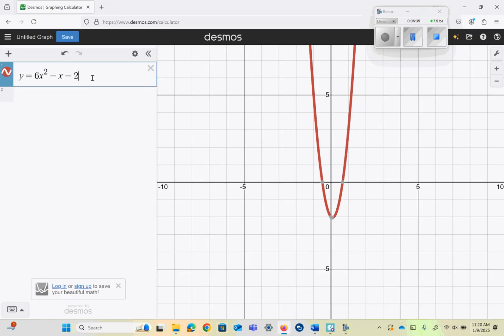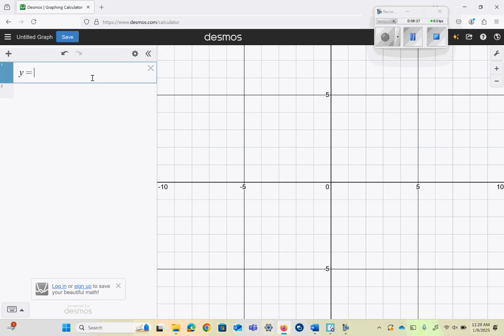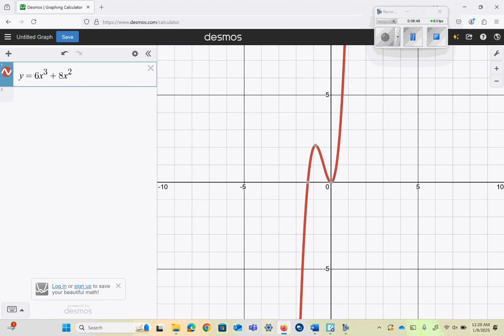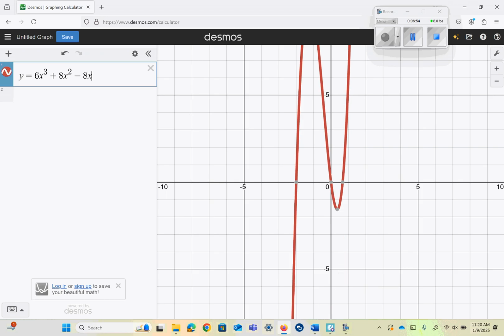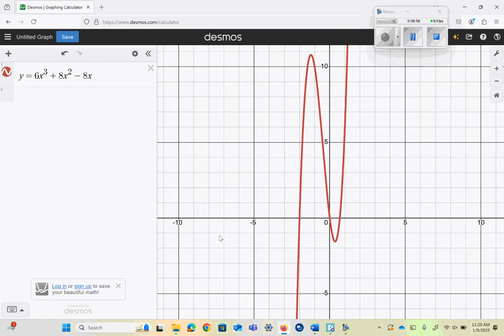So I'm going to change this to y equals 6x to the third plus 8x squared minus 8x. All right. So again, it kind of has stuff that looks like that. Agree? Okay.